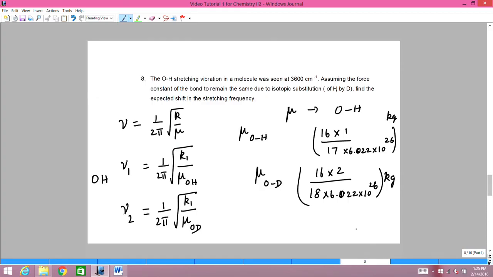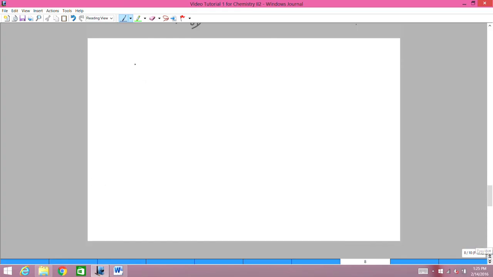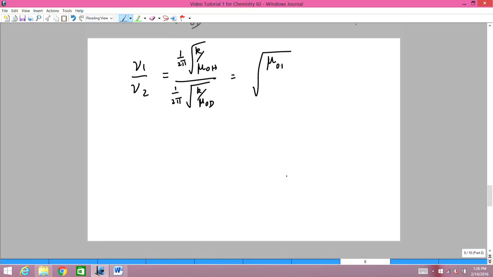Therefore, you are only calculating the ratio nu 1 by nu 2 as 1 by 2 pi square root of k by mu OH divided by 1 by 2 pi square root of k by mu OD, and obviously after cancelling, what you see is square root of mu OD by mu OH. So, you can see the ratio of nu 1 and nu 2, and therefore nu 2 is substantially different from nu 1.